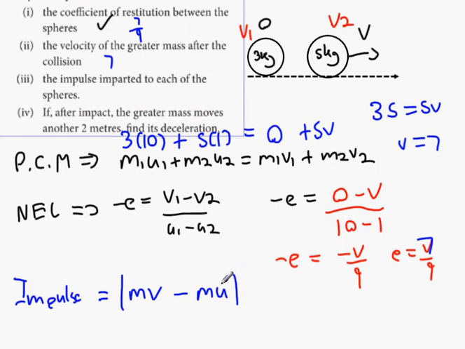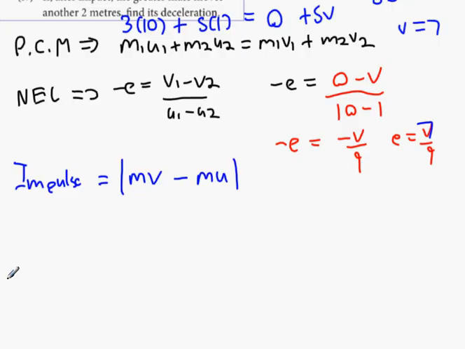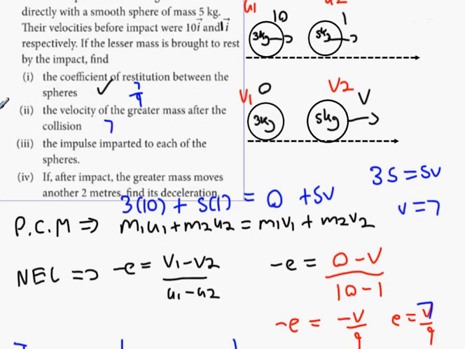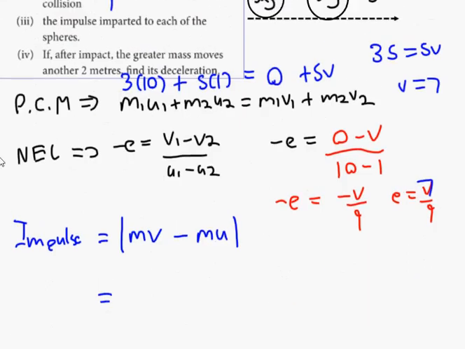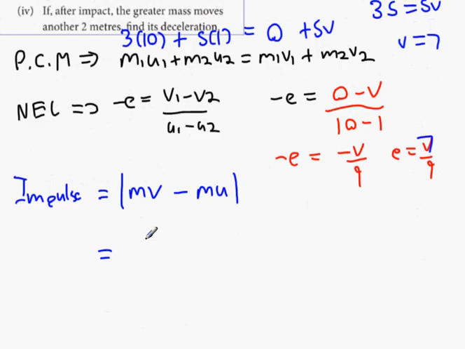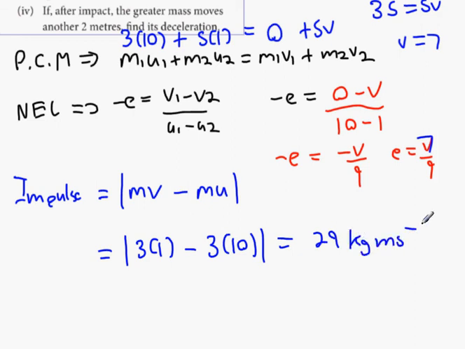You should get the same answer both times. Okay, we'll wrap this up in a second. So, let's start off with the 3 kilogram particle. After the collision, it is 3 multiplied by 1. 3 kilograms moving 1. Before the collision, 3 kilograms moving 10. The answer to this is 27 kilogram meters per second.